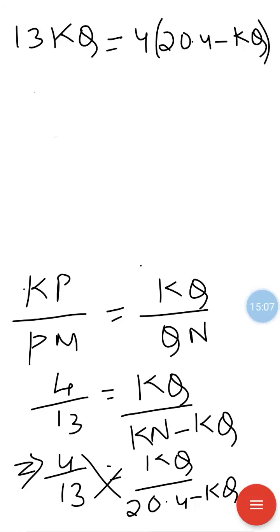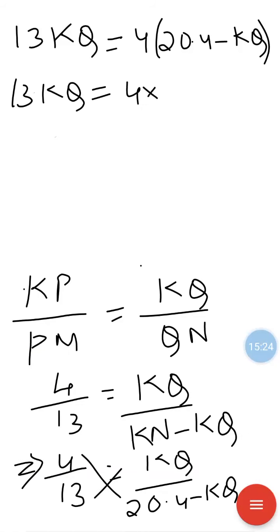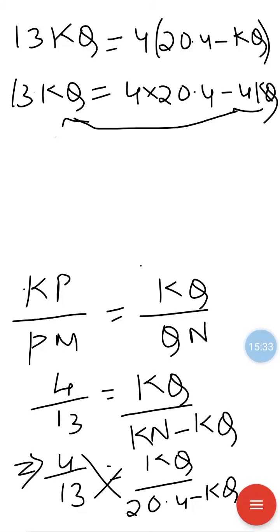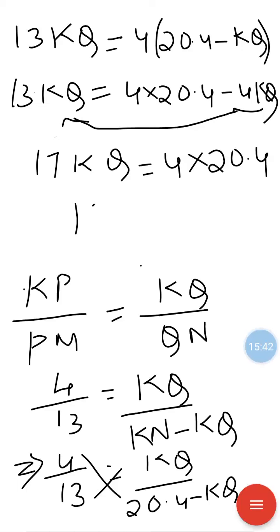So 13 KQ equal to 4 into 20.4 minus 4 KQ. 13 plus 4 KQ, that is 17 KQ equal to 4 into 20.4. So what is KQ? KQ equal to 4 into 20.4 by 17.